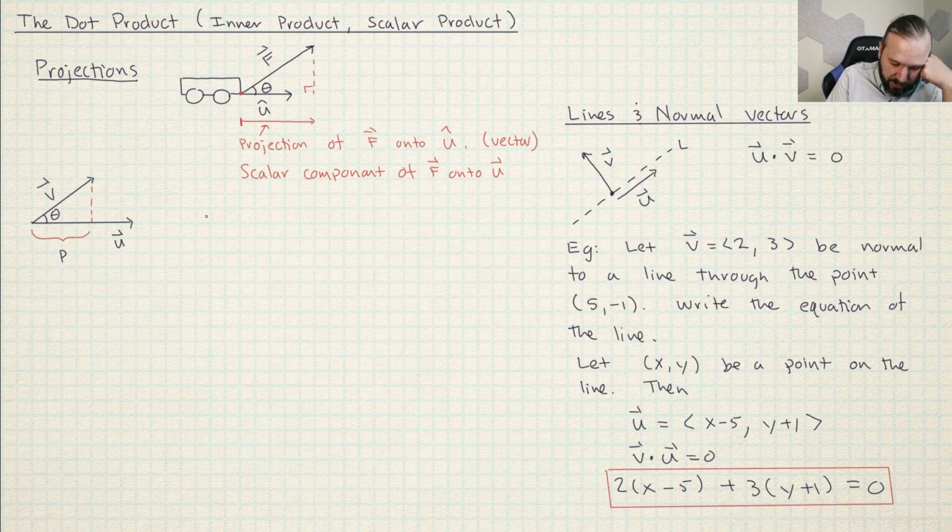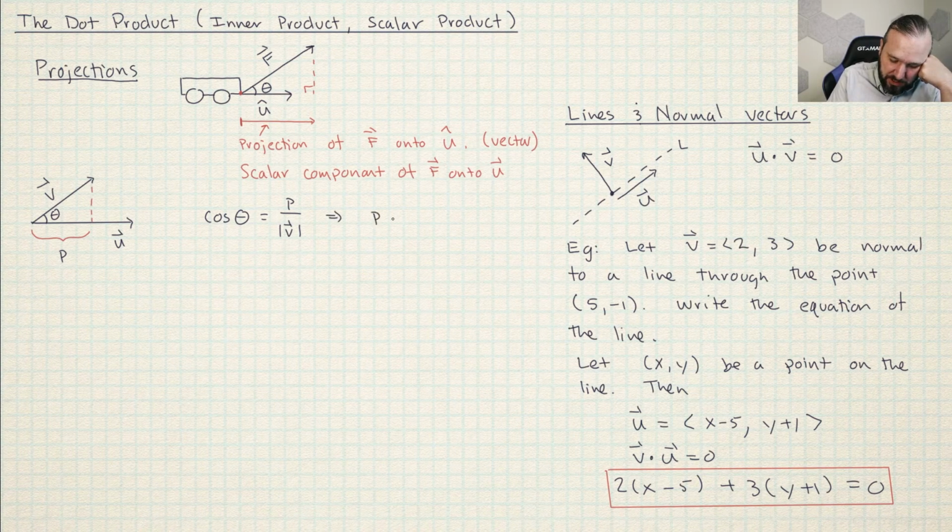So from right triangle trigonometry, the cosine of the angle between them is equal to the adjacent over the hypotenuse. The hypotenuse is the magnitude of v there.